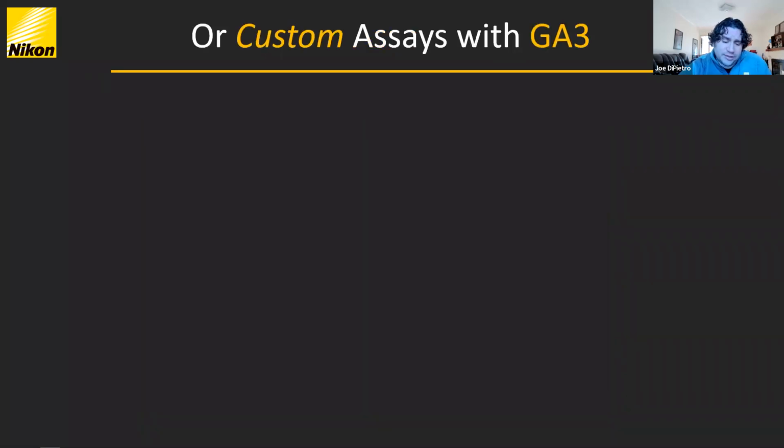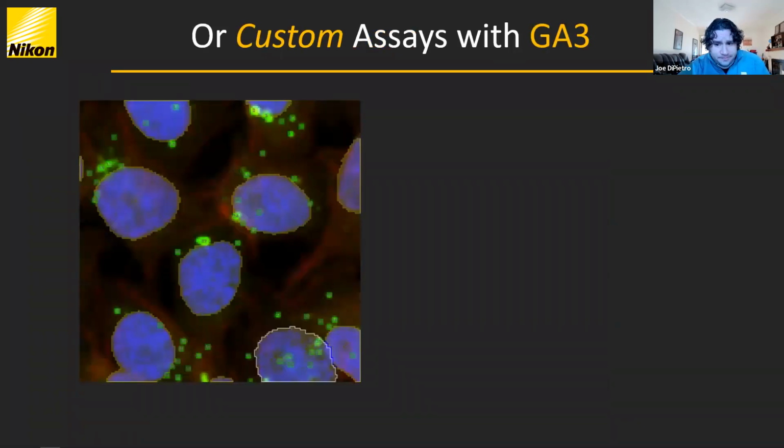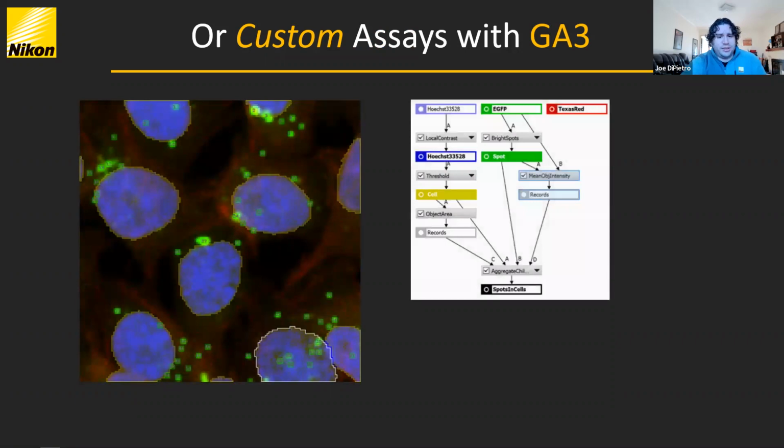We've moved a lot to General Analysis 3, which, rather than having a more traditional graphic interface with a window and drop-down menus where you select stuff, looks a little bit more like Jobs, where on the left side you have a bunch of different functions to choose from, and then you arrange them in these trees.